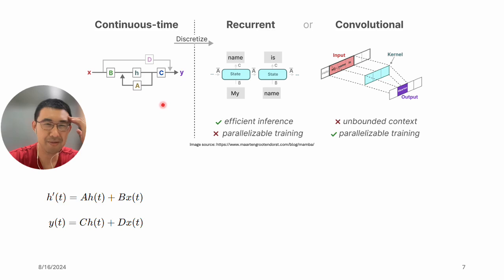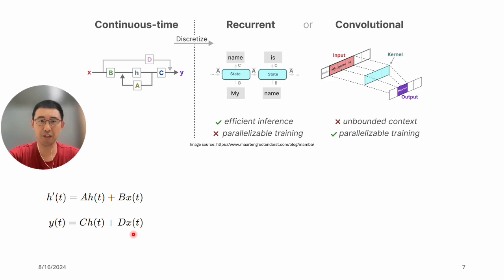This continuous time system can be described by these two equations. One says that the hidden state, how it updates itself, is going to be impacted by itself and the input, of course both projected. And the output is simply its hidden state projected plus the input projected. And now with this continuous time equation, we can actually get a discrete form of two kinds.